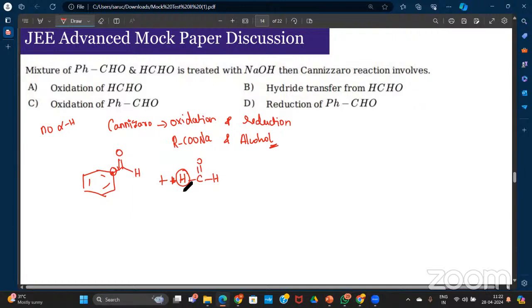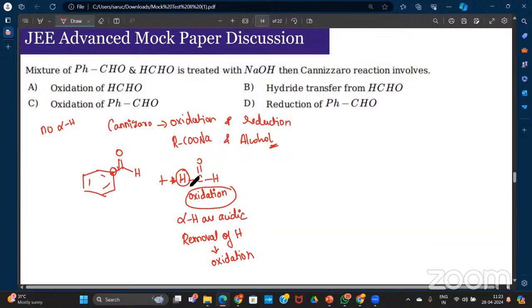So the one which has the hydrogen will undergo oxidation, because we know that alpha hydrogens are acidic in nature. We did it in the first question itself. So it can move out, and we know that the removal of hydrogen is oxidation. So oxidation takes place at the formaldehyde, because the hydrogen is more acidic with the carbonyl group over here, which can withdraw the electron.